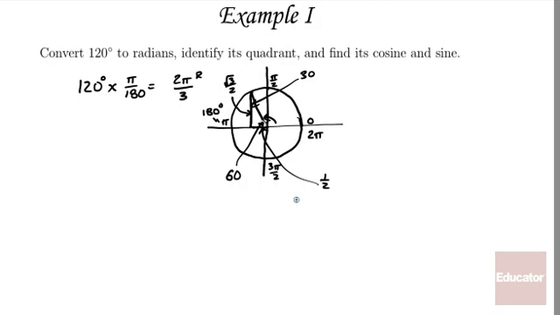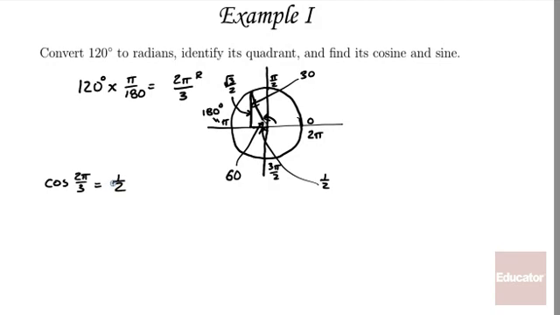So remember, the cosine and sine are the x and y coordinates. The cosine of 120, or 2 pi over 3, is 1/2, except that we're going to have to check whether that's positive or negative.